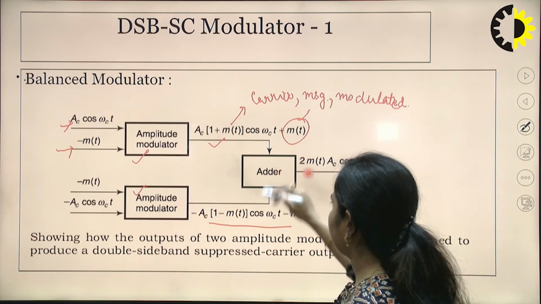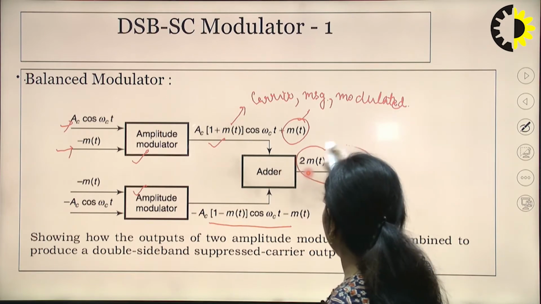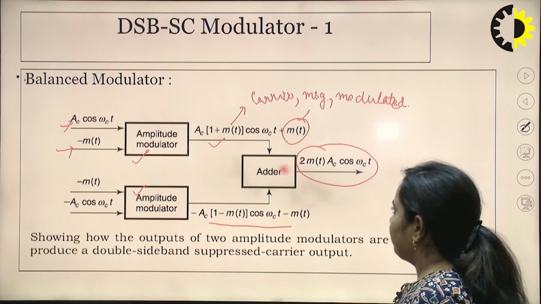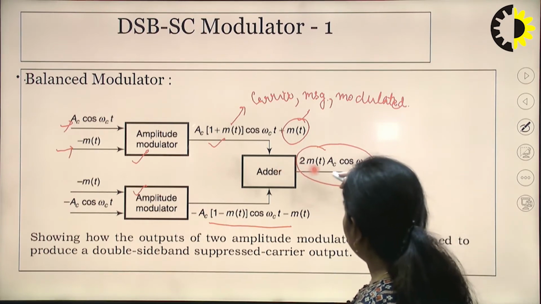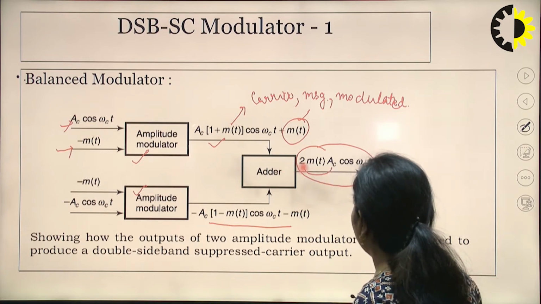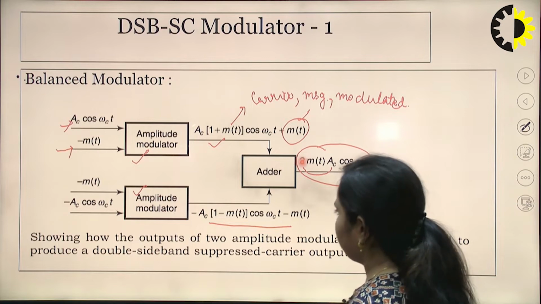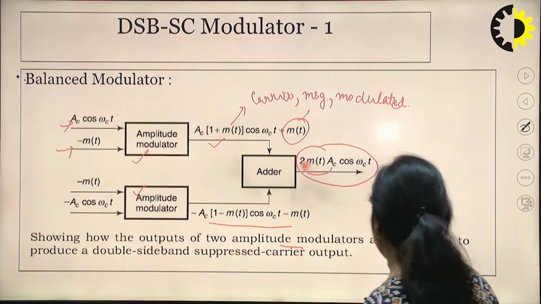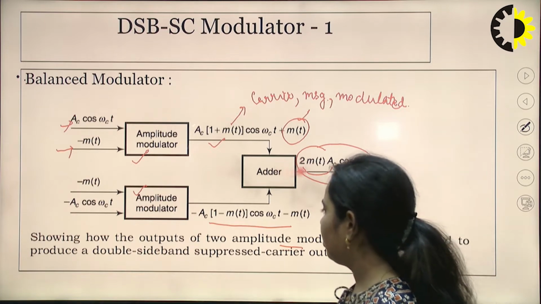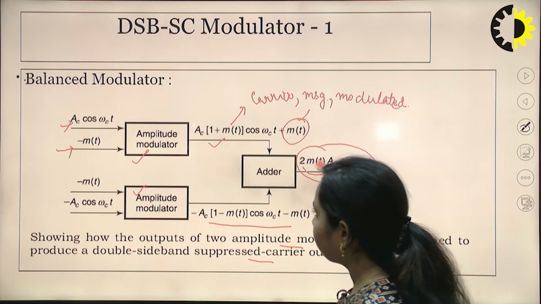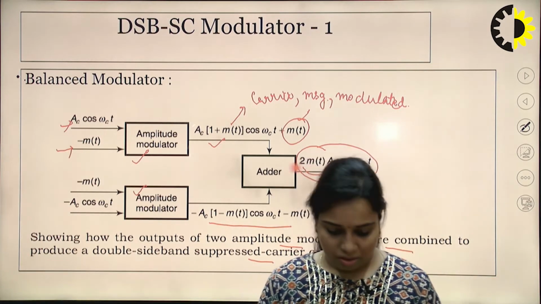Now these 2 signals are combined and we are going to transmit the DSB-SC signal, whose amplitude is 2 Ac multiplied by m(t) cos omega ct. So, this shows how the outputs of the 2 amplitude modulators are combined to produce a double sideband suppressed carrier output. So this is the balanced modulator block diagram.